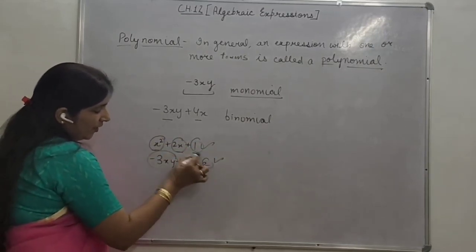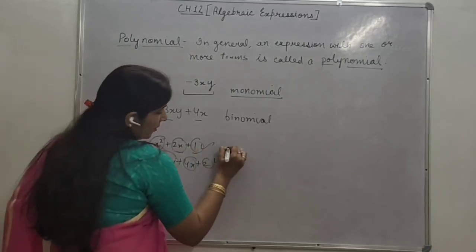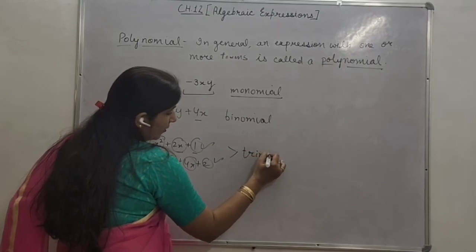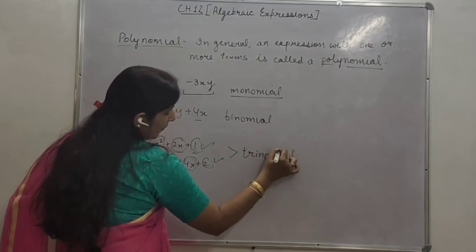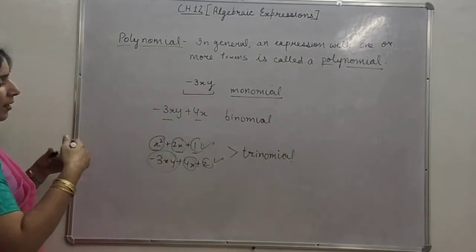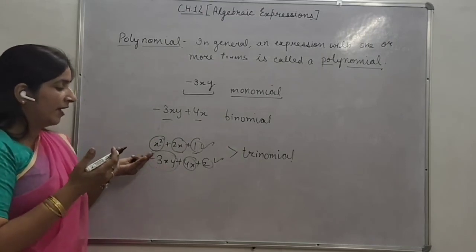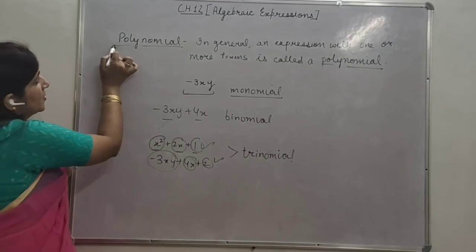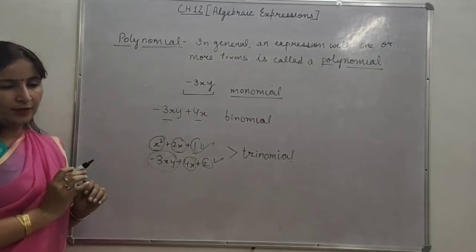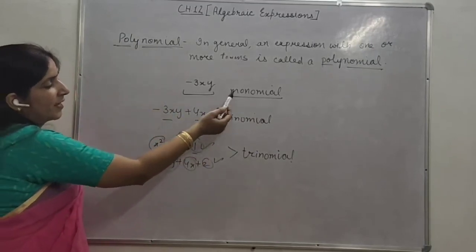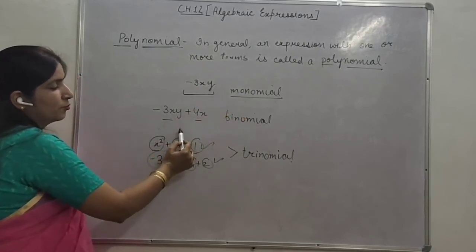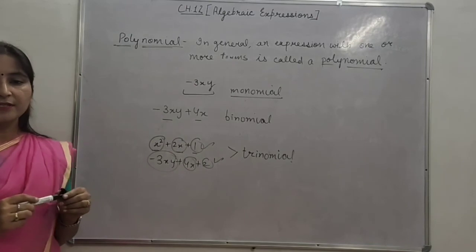So this type of expression is known as a trinomial. And in general, even more, like an expression with 4 terms or 5 terms, that is known as a polynomial. They are also polynomials, but they have separate names also. With one term, that is a monomial, with two terms a binomial, with three terms a trinomial.